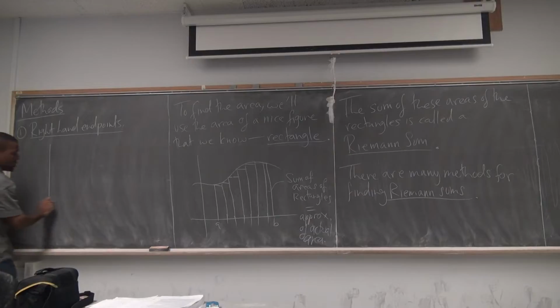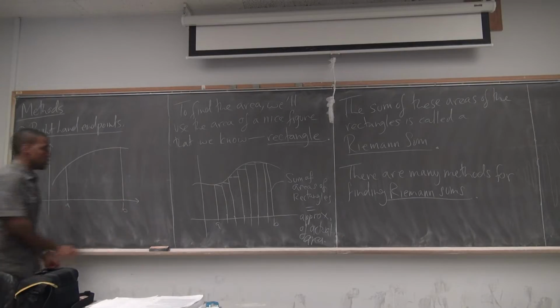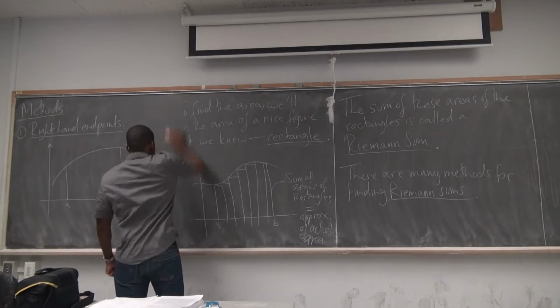Basically, what's going on here, you have a random curve. You want to figure out the area between A and B. So you're going to do the following with the right-hand endpoints.